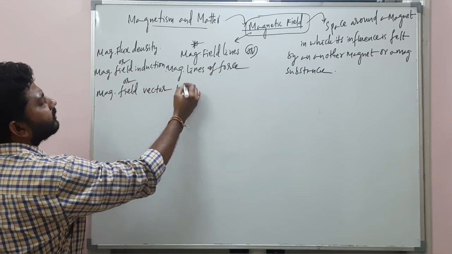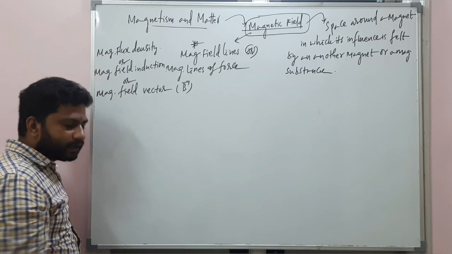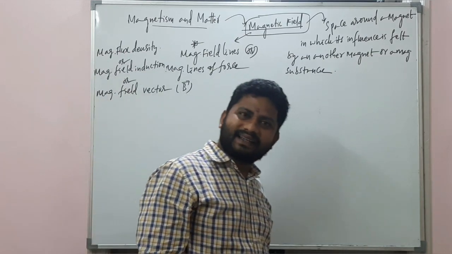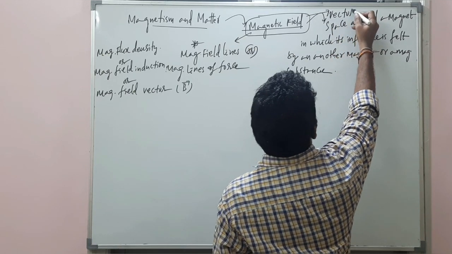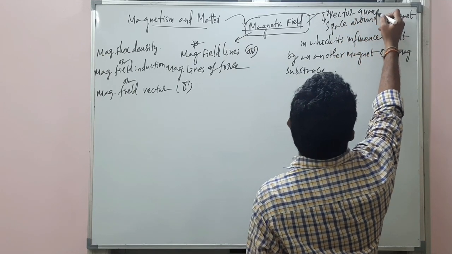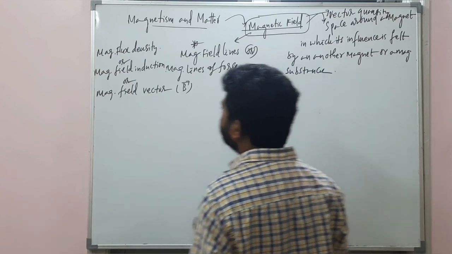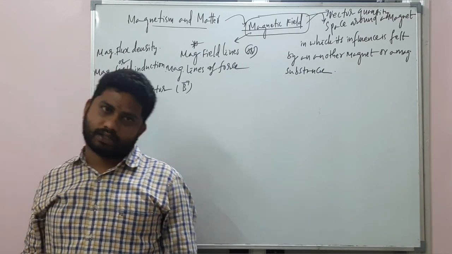Whatever it may be, it's denoted with the symbol B bar. And it is clearly visible that the magnetic field is a vector quantity. That's the reason I wrote it as B bar. The magnetic field vector, it is B bar.